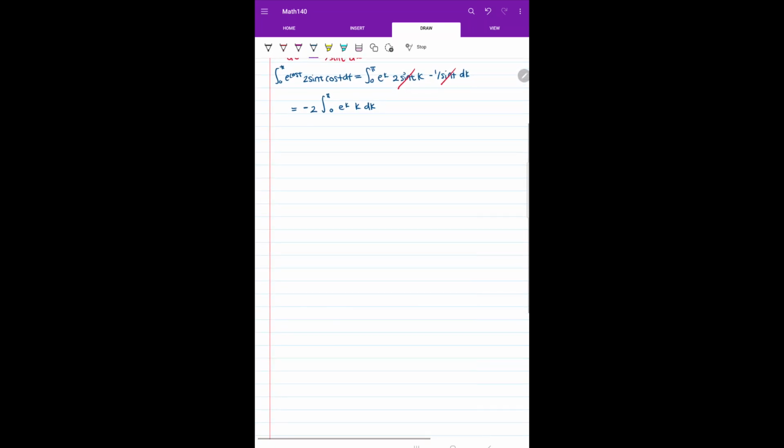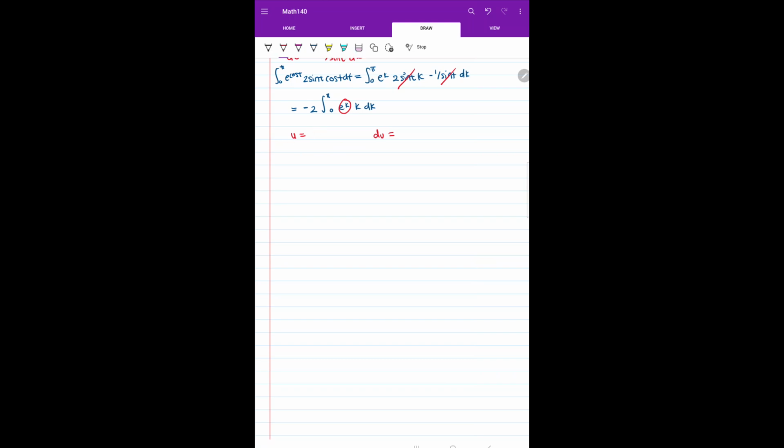Now we are ready for the big boys. We can apply integration by parts. So u and dv. How do we pick u? We want to reduce the power. So if I pick e to the k to be u, take du, this is going to stay the same, so I didn't reduce any power.